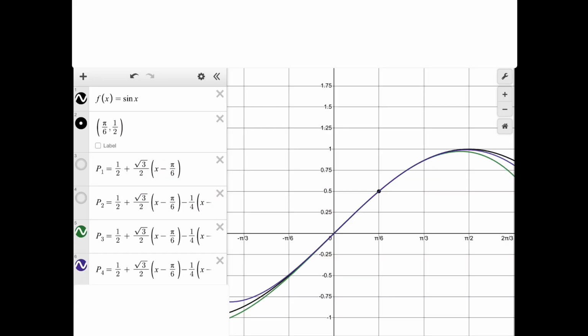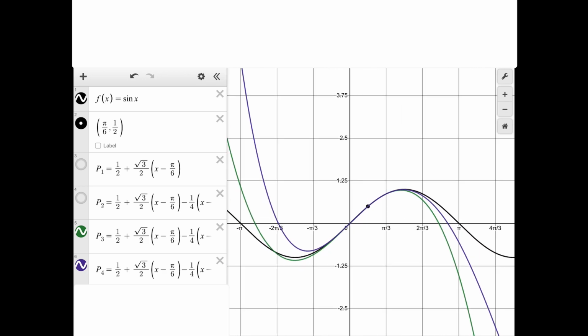Okay, here is your P equals 4 approximation. Now you'll say, wait a second. Over here at the ends, that purple is farther from the black line than the green. But over here on the right-hand side, the purple is closer to the green. That's going to happen because we're looking at these polynomials.